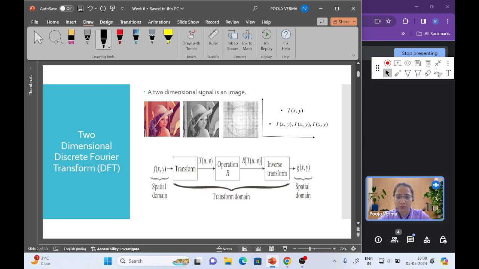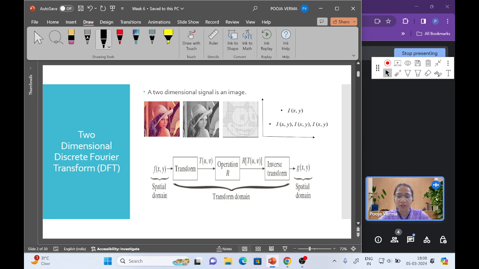First we will go through some concepts and formulas, so it will be very helpful during our problem solving session. The first topic for this week is the two-dimensional discrete Fourier transform.